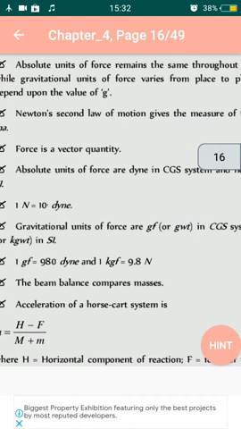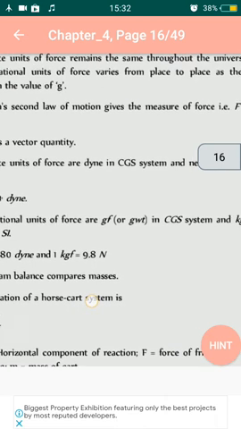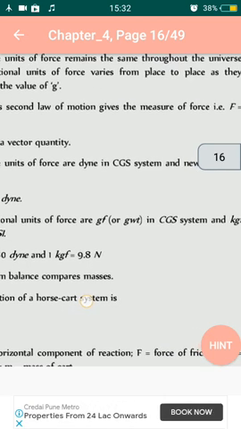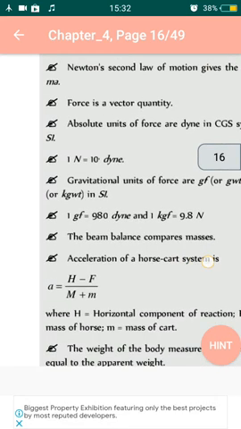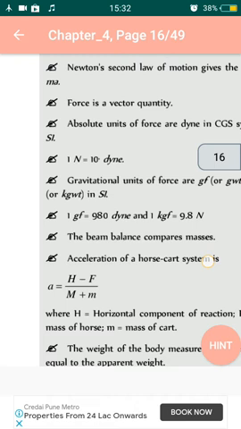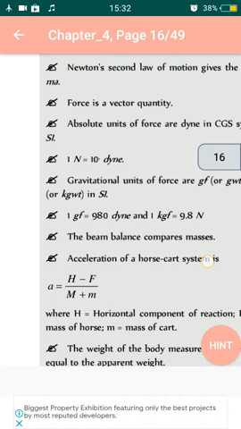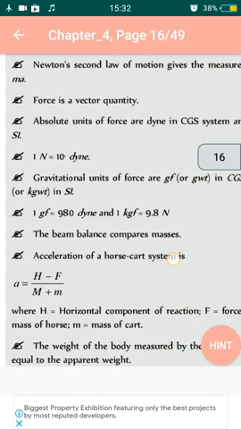The gravitational units of force are gf or gwt in CGS and kgf or kgwt in SI. 1 kgf equals 980000 dyne and 1 kgf equals 9.8 newton.